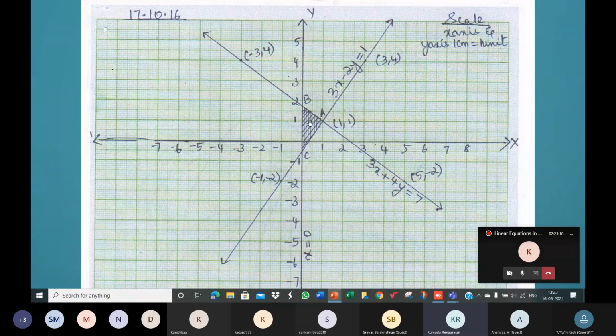This is the triangle bounded by the 3 lines. The 3 sides of the triangle must be parts of the 3 lines, must be segments of the 3 lines.